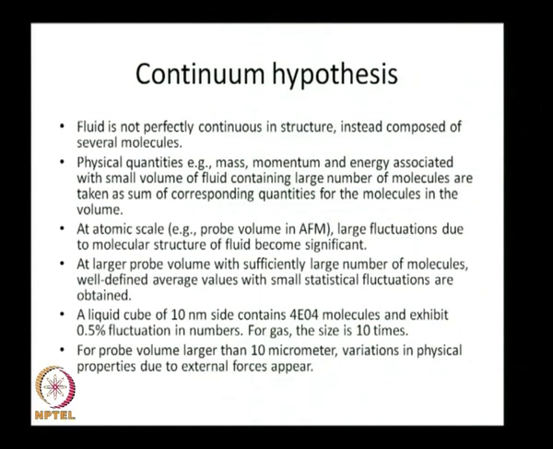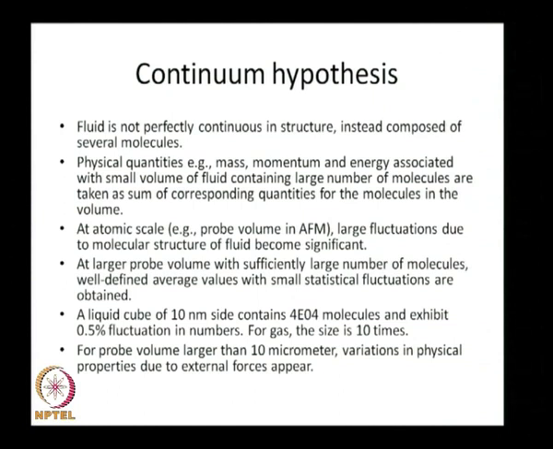So, if your probe volume is a cube of side 10 nanometer, you can expect 4 into 10 to the power 4 molecules sitting inside, and some number of molecules joining and some leaving. The fluctuation is restricted to 0.5%. For a gas to have the same number of molecules and the same level of fluctuation, you have to have 10 times the length. All right. That is a typical example I can give.